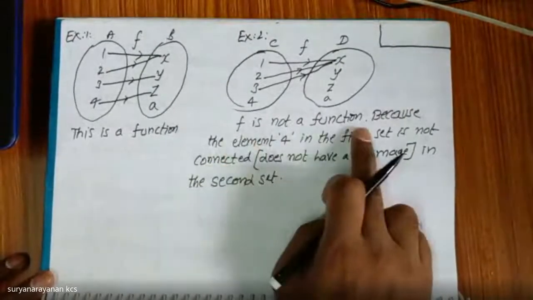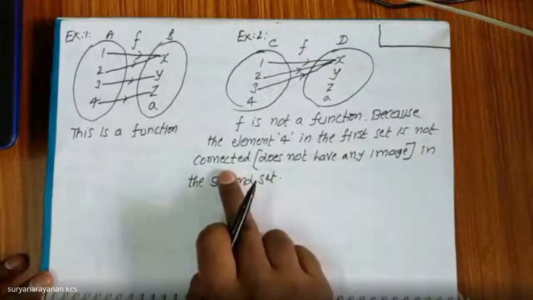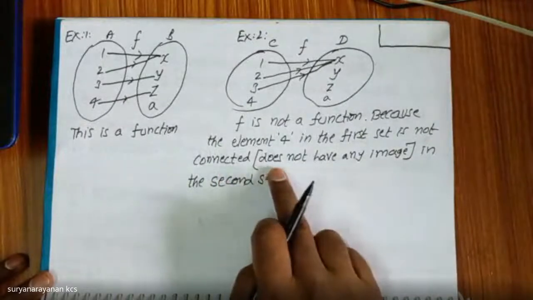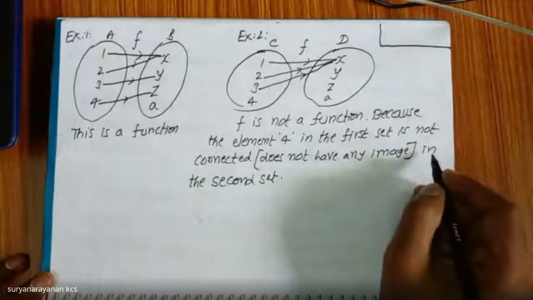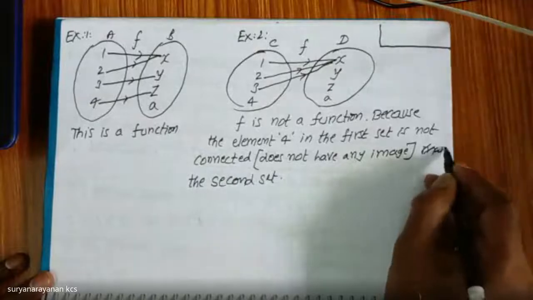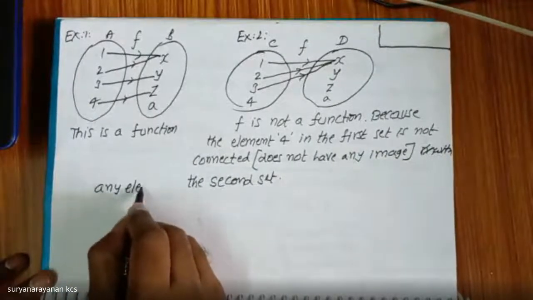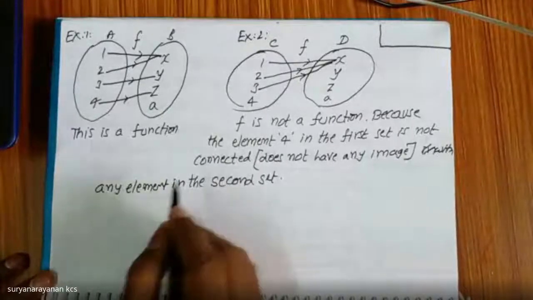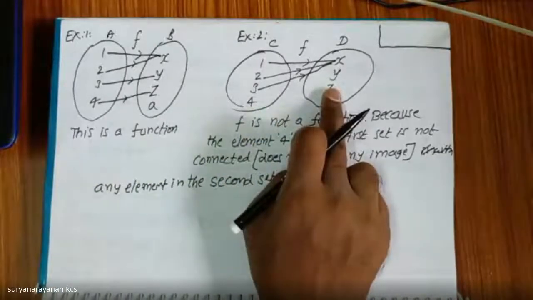F is not a function because the element 4 in the first set is not connected with any element in the second set.